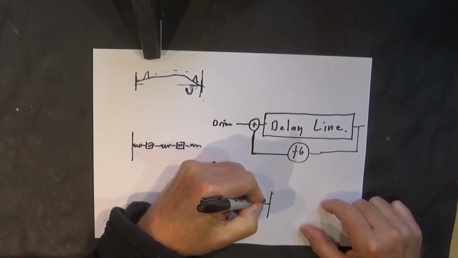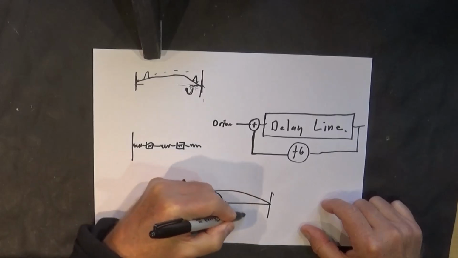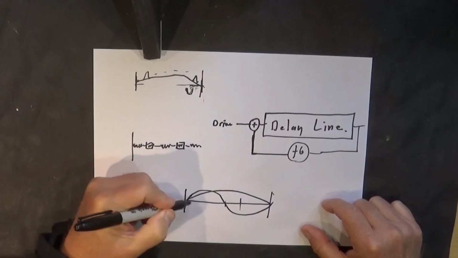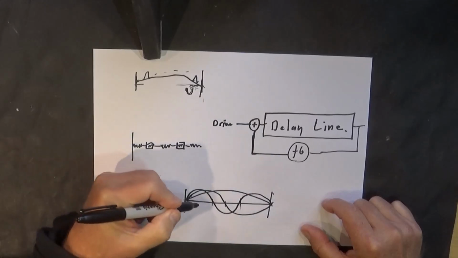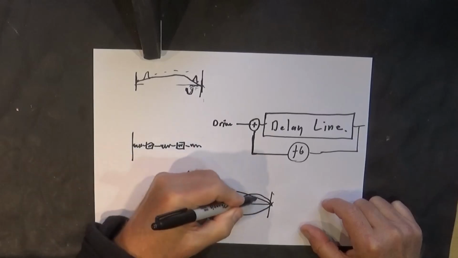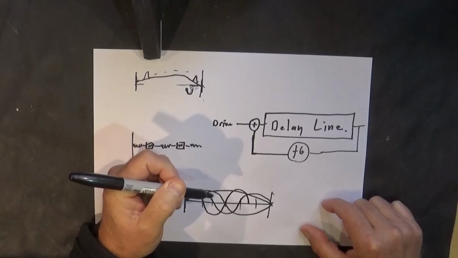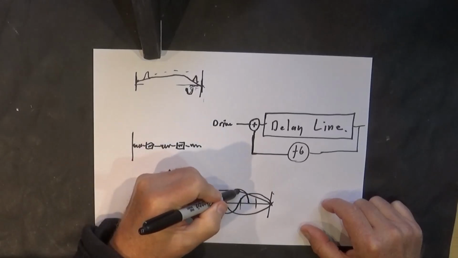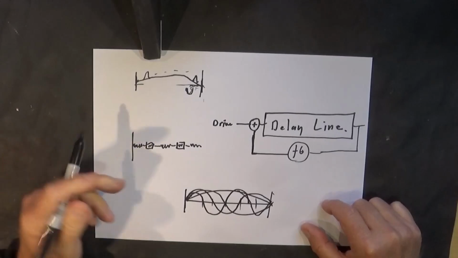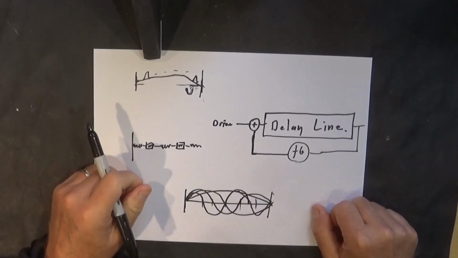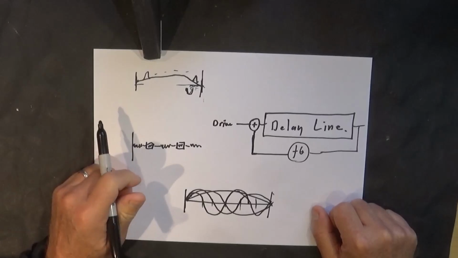So that one, I'm just putting these marks so I can, that one, that one, etc. So we can get a spectrum out of our delay line. So let's see what we can do by way of implementing a delay line.